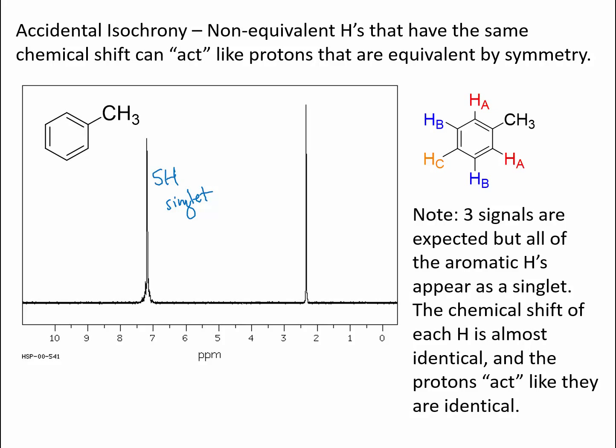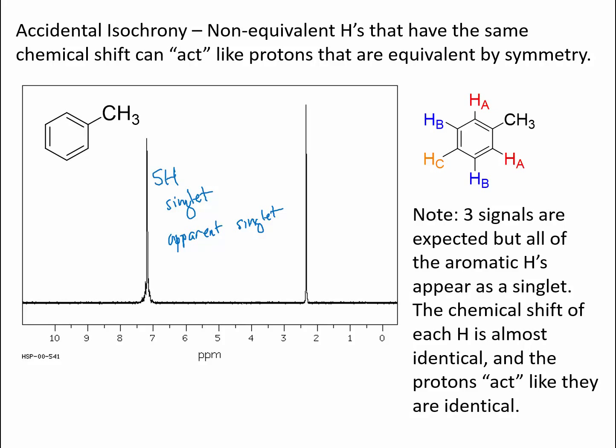Well, it turns out that the methyl group just doesn't have a lot of effect on the chemical shift, and all of these have very similar chemical shifts. So because they have the same chemical shift, they act like they're equivalent by symmetry. You see no coupling. To distinguish that, people would sometimes call this an apparent singlet.